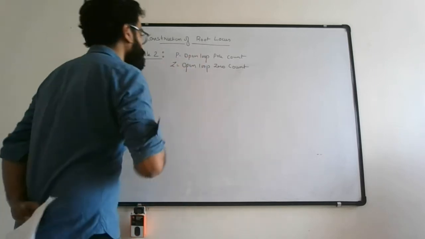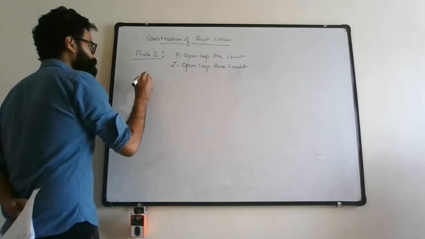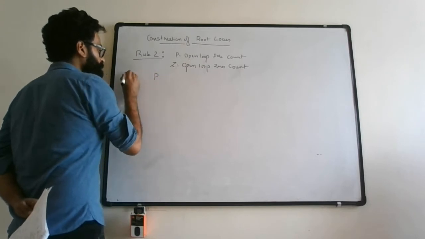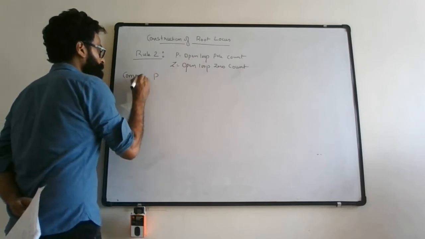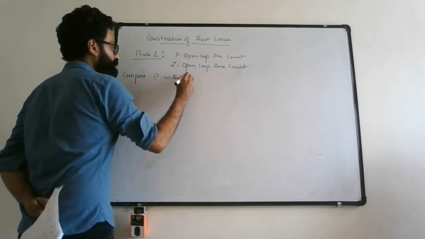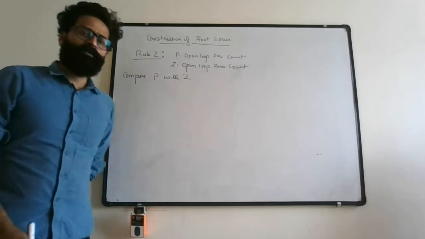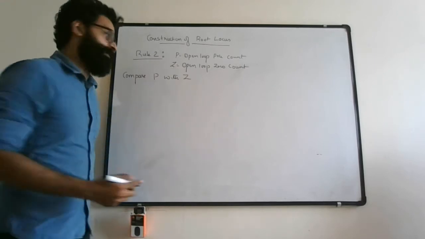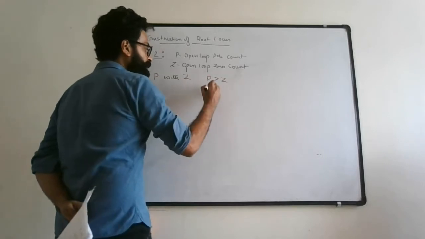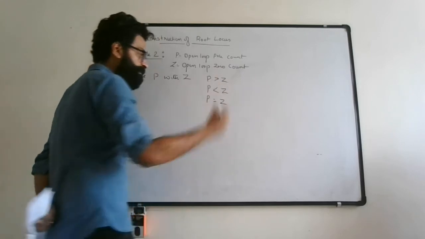Once we get the P count and Z count, you have to compare P with Z. When you compare P with Z, you can get three possibilities: P count greater than Z count, or P count less than Z count, or P count equal to Z count.